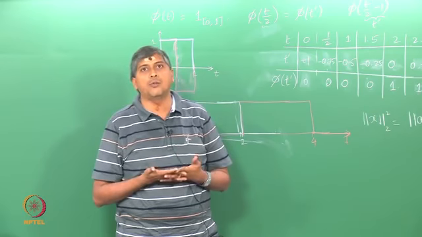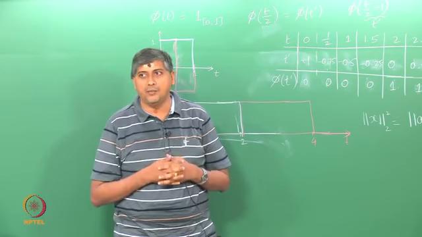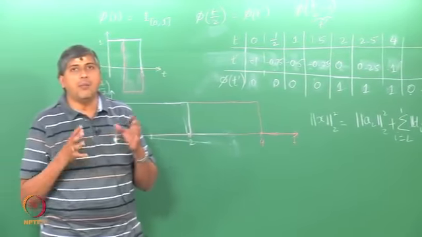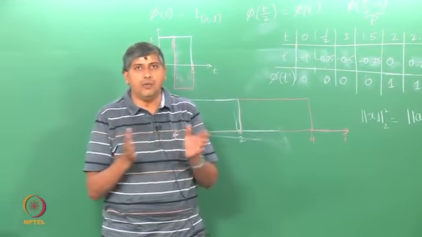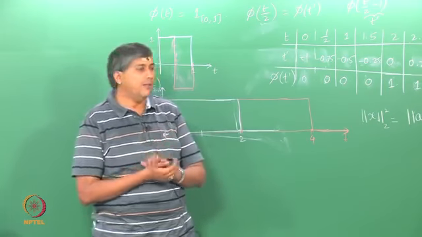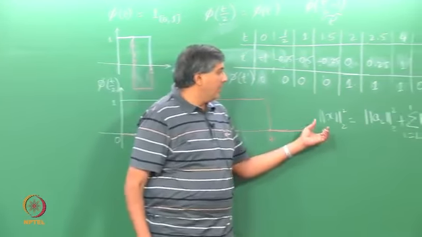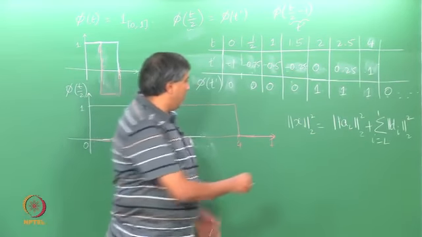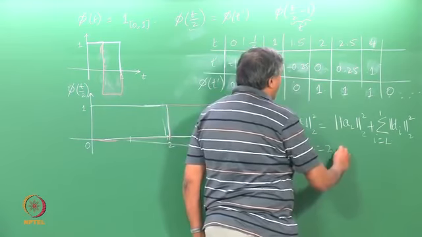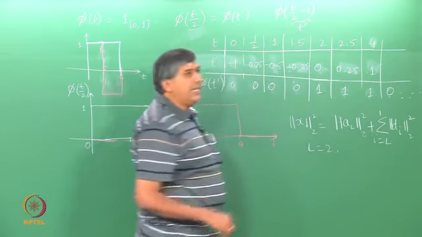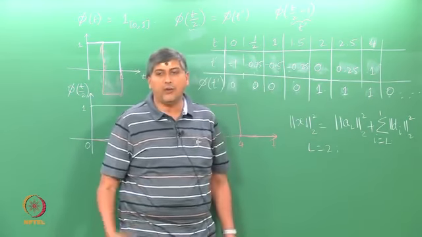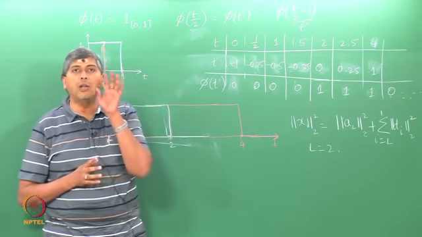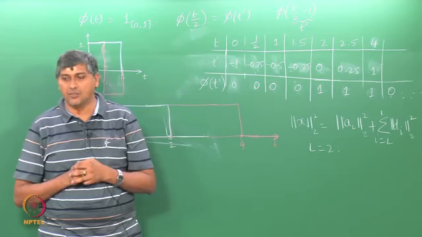Of course, this was even true for the Fourier case we have seen by virtue of Parseval's theorem, but this is nice also because now I am able to collect the frequencies into a single band, and now I know clearly, at least for this example, where we have chosen L to be 2, that more than 80%, in fact we can get the exact number, a significant fraction of the energy is solely contained in the approximation coefficients, right.